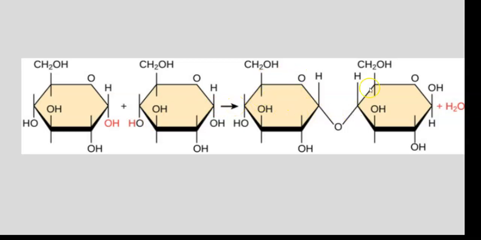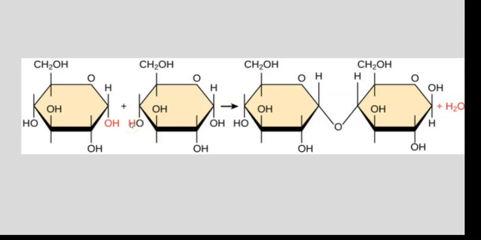All right, now we see these 2 monomers have been joined together. Now, as you can see, they're joined right here. So let's see exactly what happened. Now, if we pay attention to this monomer, it was this hydroxyl group, this OH right here, that was removed. So when we go to the other side, we shouldn't see this OH here. And for this monomer, it was the hydrogen that was removed.